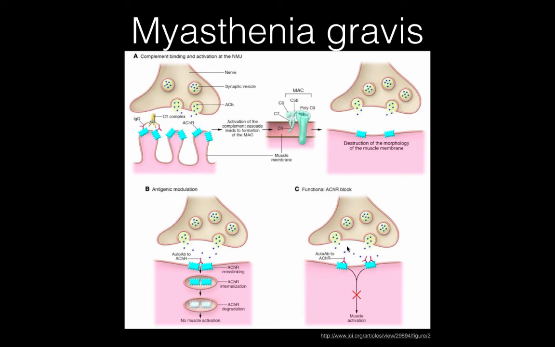And lastly, the autoantibody could bind directly to acetylcholine's binding site on the acetylcholine receptor, acting as a competitive antagonist, not allowing for any acetylcholine to bind and leading to a major disruption in the ability of this muscle to contract. This is the importance of understanding how synapses work, their structure, and how function and dysfunction are related.